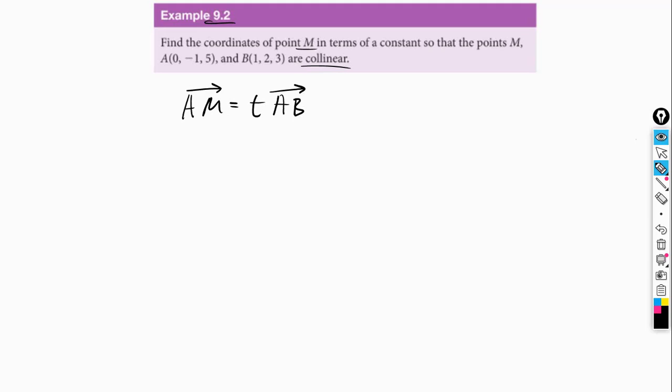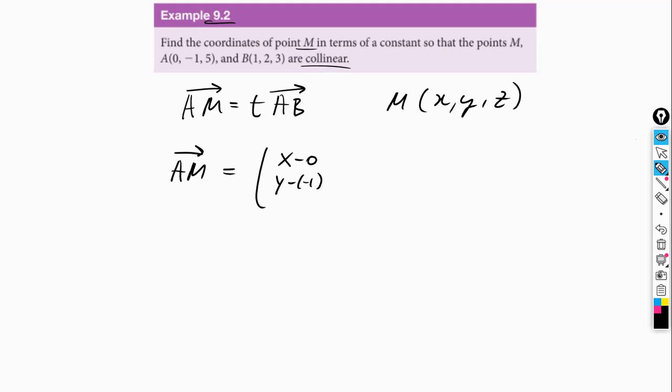That means that vector AM, if we put point M in terms of x, y, and z, is going to be x minus 0, so x, and then y minus (-1), and z minus 5.